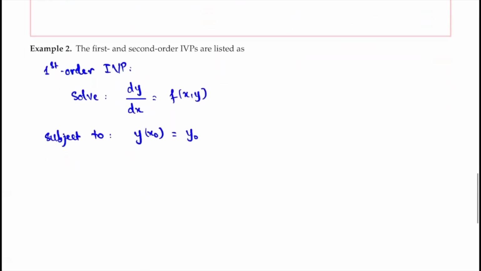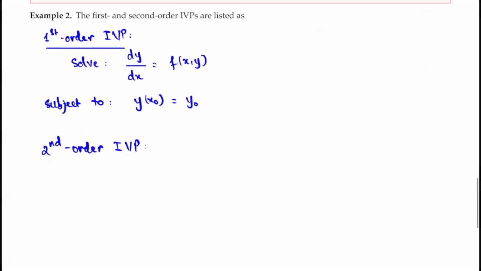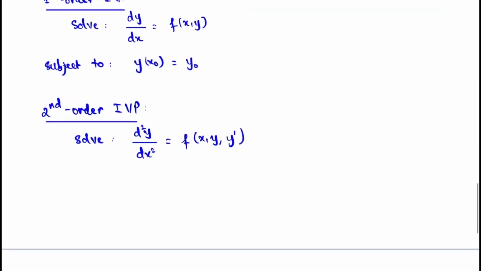Now for the second order initial value problem, you solve d square y dx square equal to f of x, y, y prime, subject to two initial conditions: y of x0 equal to y naught and y prime of x0 equal to y1.